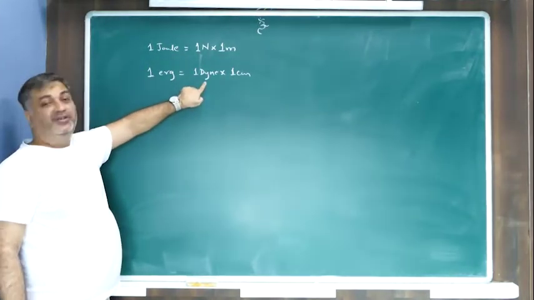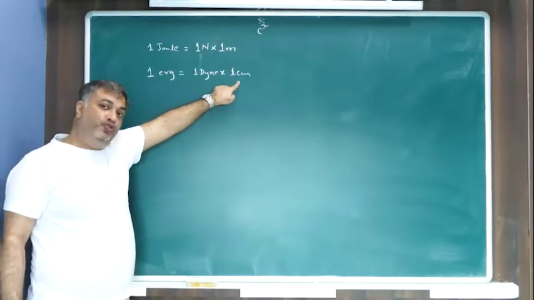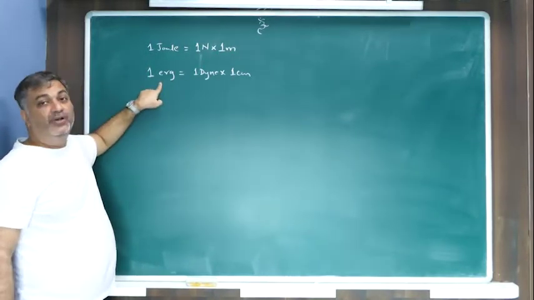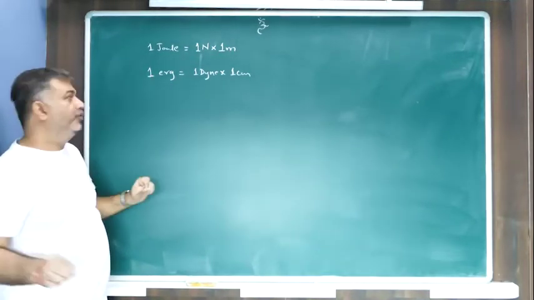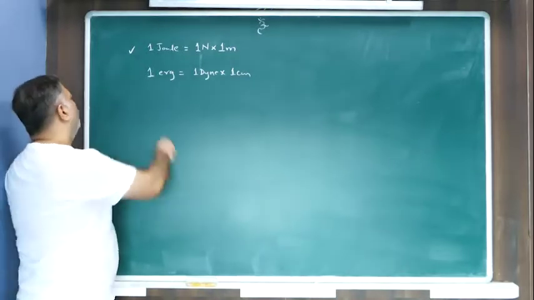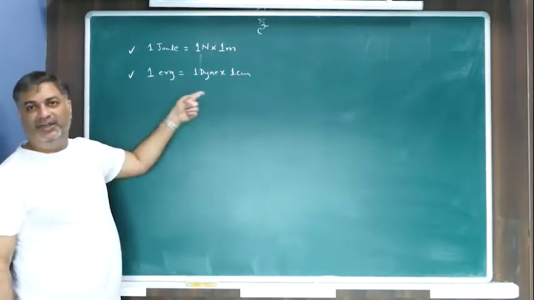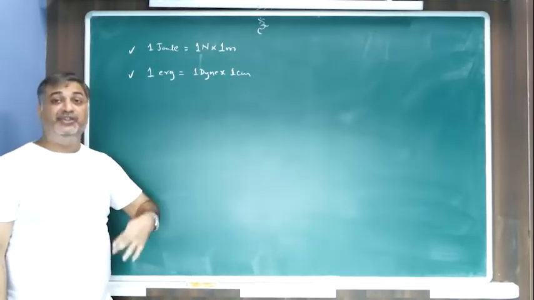Now, if you consider the force in CGS, displacement also CGS, then the work that you will get will be CGS. That is erg, right? So, by definition, 1 joule is going to be 1 Newton into 1 meter, and 1 erg is going to be 1 dyne into 1 centimeter. This is by definition, right? Now, we will see the relation between the two.